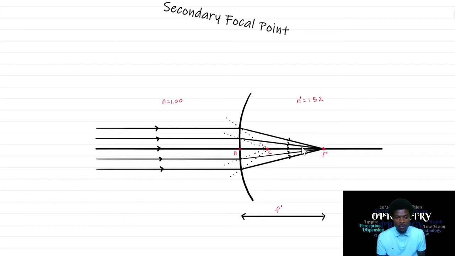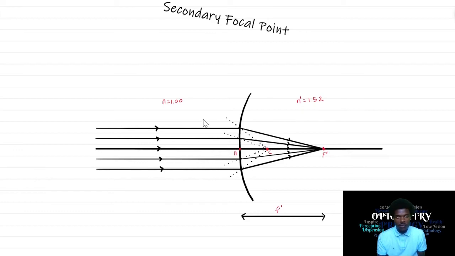Here now we have the focal point. As the rays come in and hit the surface, they go towards the normal, as we said before, from a less dense medium to a denser medium. So as they all converge, the point at which all these rays meet is the focal point, or the secondary focal point.